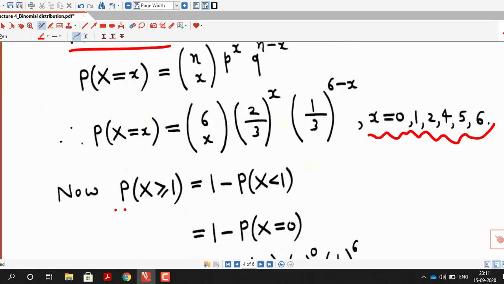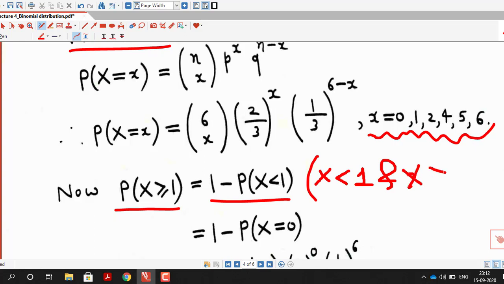Now we are asked to find this probability that capital X is greater than or equal to 1. So this we can write as 1 minus probability that capital X is less than 1. Because we know that X less than 1 and capital X greater than or equal to 1 are which type of events?